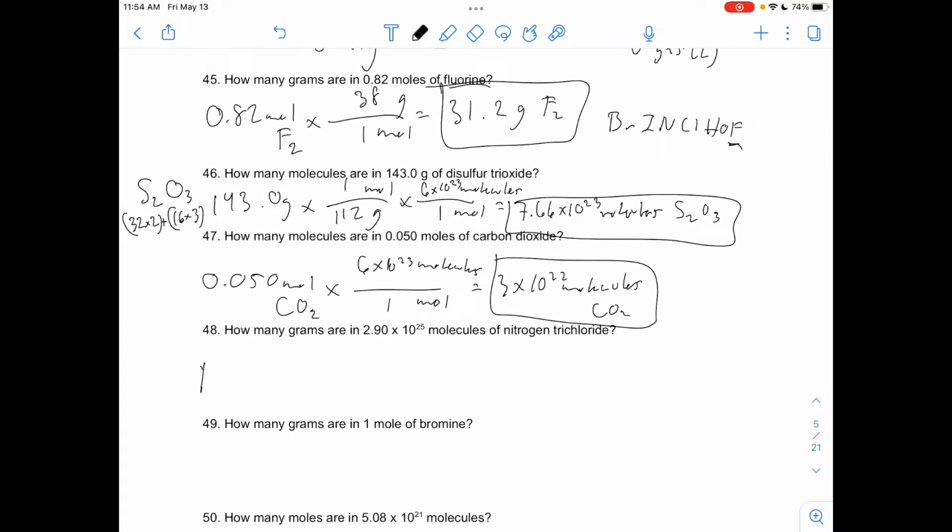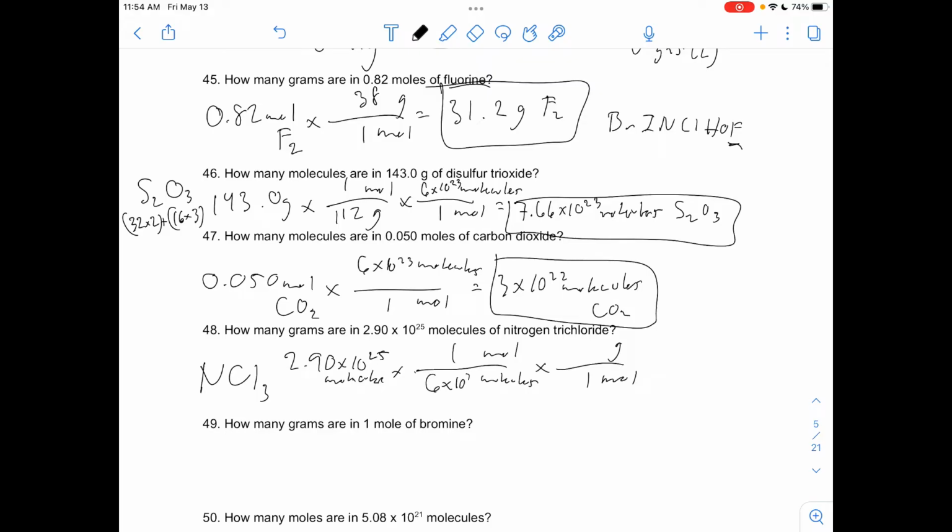Okay, grams of nitrogen trichloride. Tri is 3, so NCl3. I have 2.90 times 10 to the 25 molecules of it. So again, molecules goes on bottom. I want grams, so first I've got to get into moles, and then once I get into moles, I can get into grams.